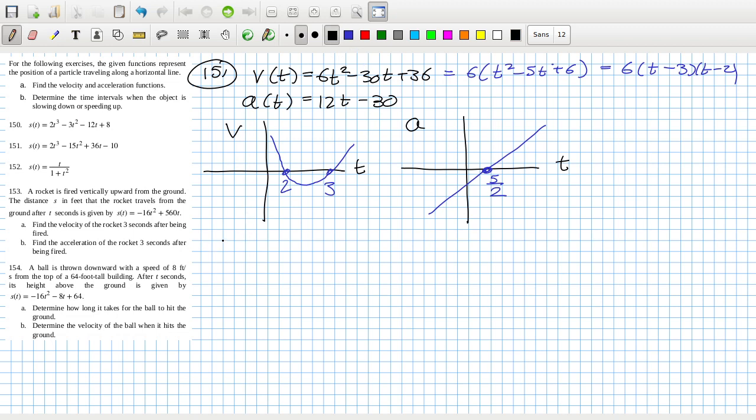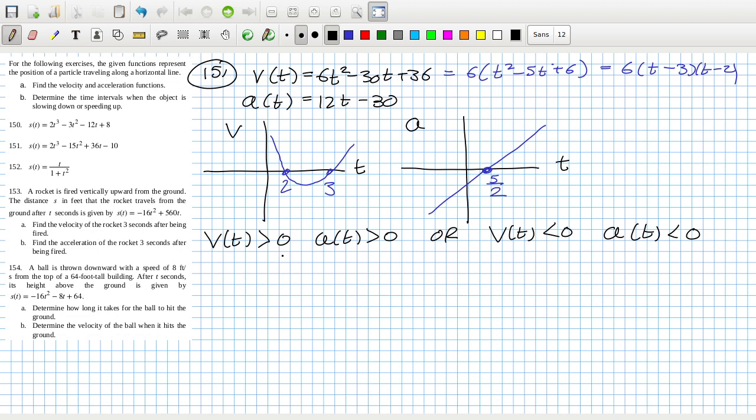Okay, so speeding up, we'll need vt more than 0 and at more than 0, or vt less than 0 and at less than 0. So for the velocity to be more than 0 and the acceleration to be more than 0, it has to be more than 2.5, and it'll have to be more than 3.